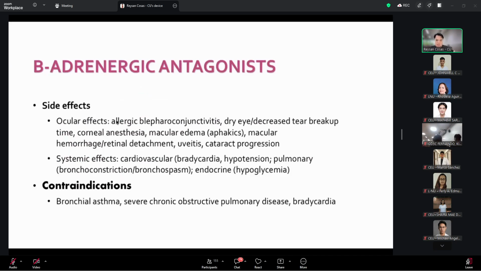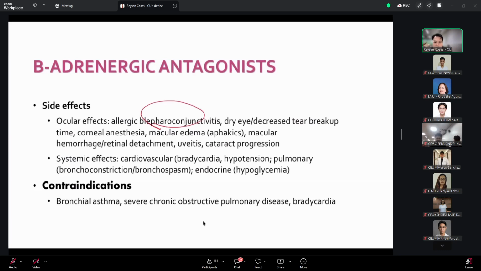Next, side effects. So, ano ba yung mga common side effects ng mga beta blockers? Usually, mga doc, local reaction can occur with the administration of the beta blockers. This allergic reaction manifests as blepharoconjunctivitis, usually accompanied by erythema and edema of the lids.